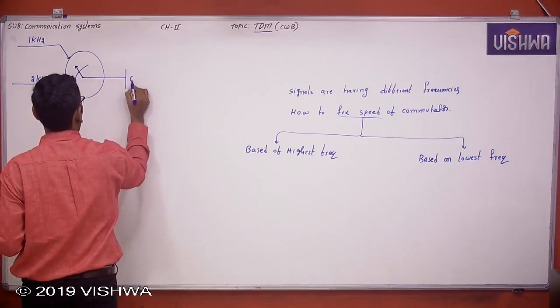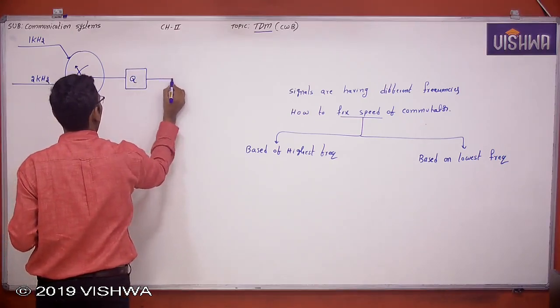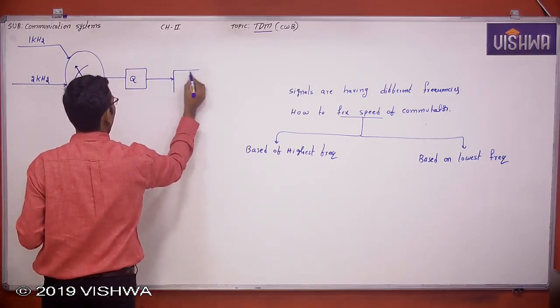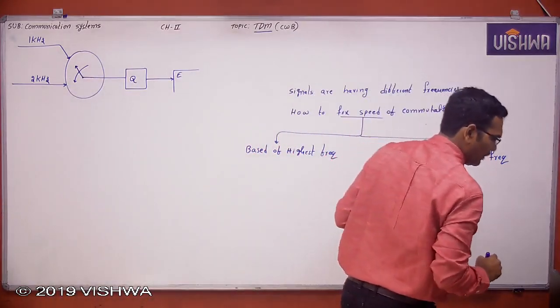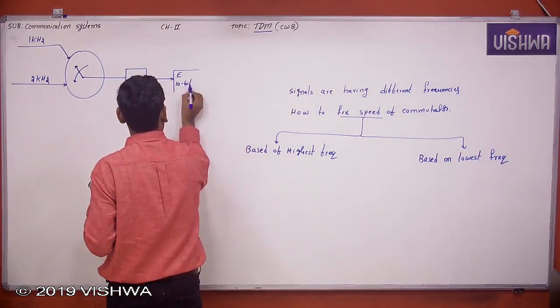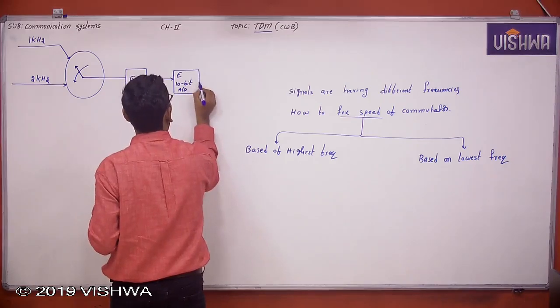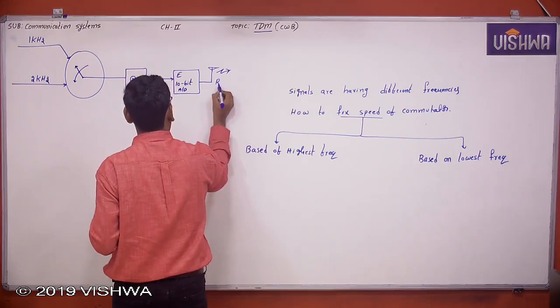Then there is quantization and an encoder; the encoder is also given. I think this is a 10-bit A to D converter. Now he is asking us to find the bit rate Rb.